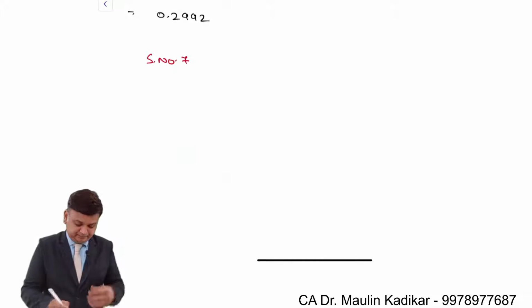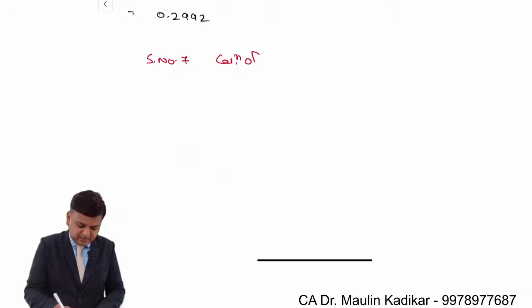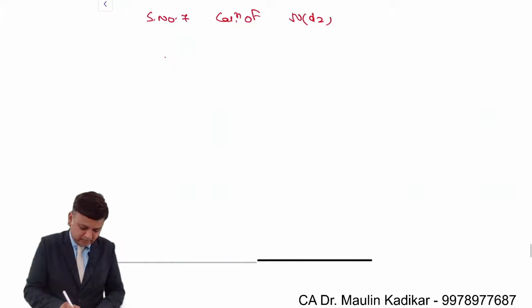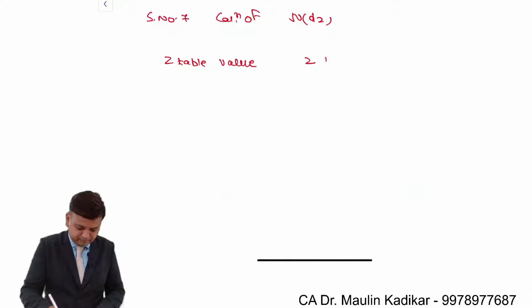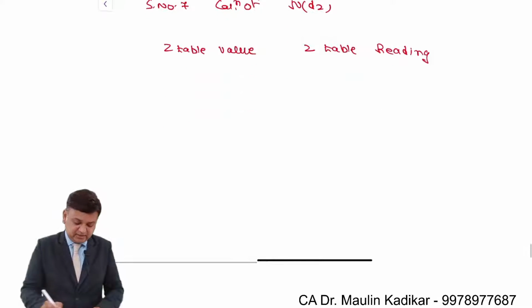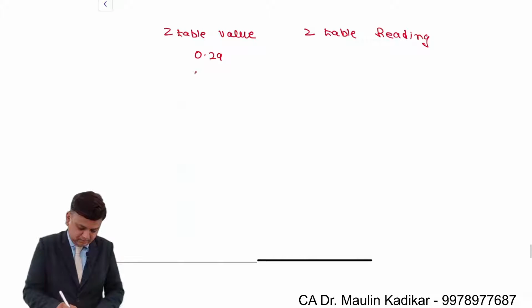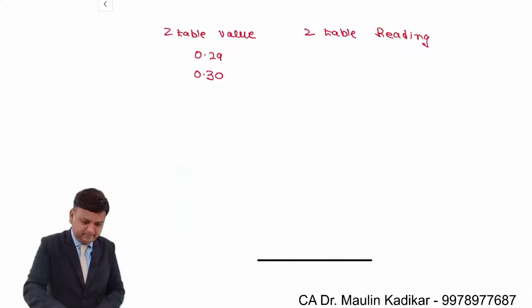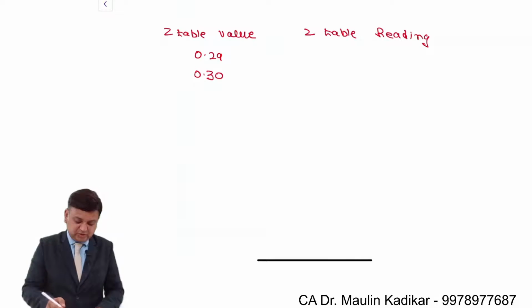Step number 7, calculation of N(d2). So the Z table value and Z table reading. So it is 29 and 30. So 0.01 difference between, sorry, we are required to follow the reading which they have provided, 25 and 30.